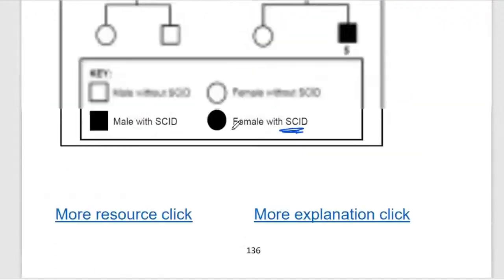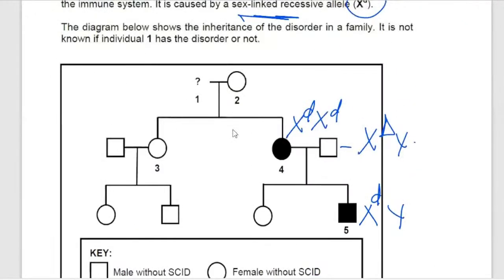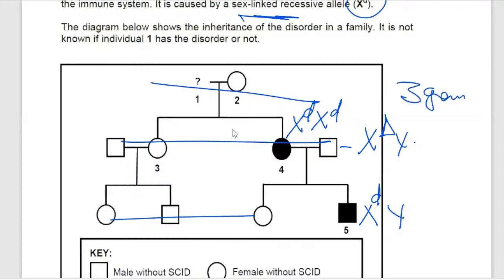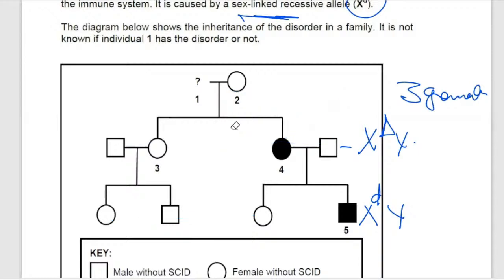Now, let me go to the questions and see how many generations are shown here. It's 1, 2, 3. So there are 3 generations. Listen carefully. How many kids are sons of 1 and 2? 0.